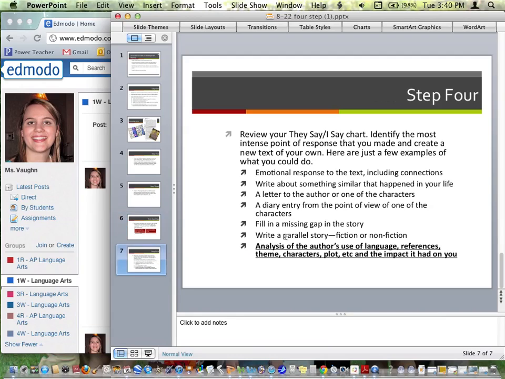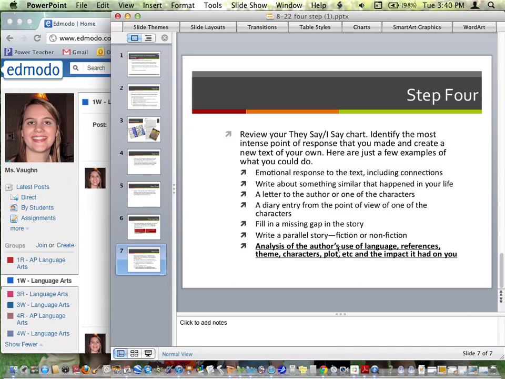Then step 4 is to review your chart, identify the most intense point, and create a new text of your own. So this is where the one-pager, we've heard that word or that phrase a few times last semester, and it's coming back around. So your one-pager is going to stem from your responses to this text.